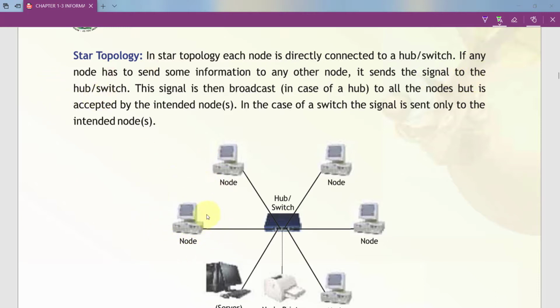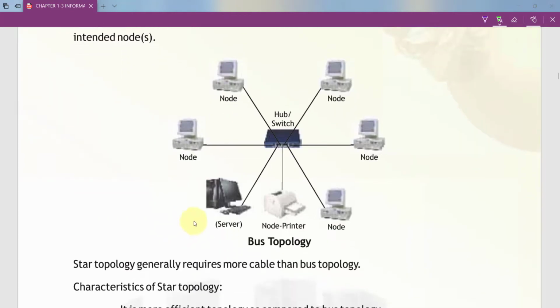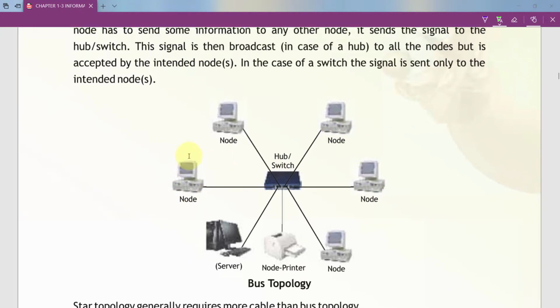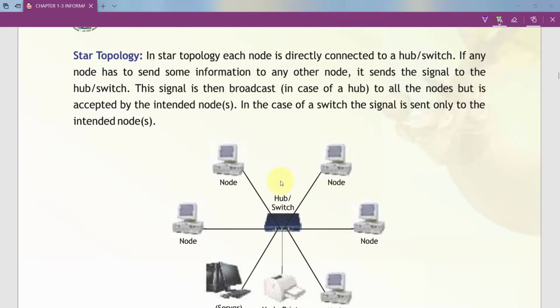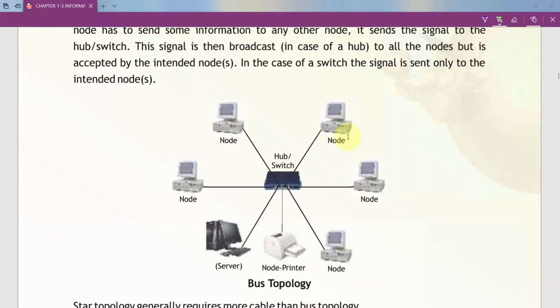Means if that node wants to send information to this node, the information will first be sent to the hub or switch. Then the hub will broadcast your signal. Means it will send our information to each node, but only the desired node will accept the signal.